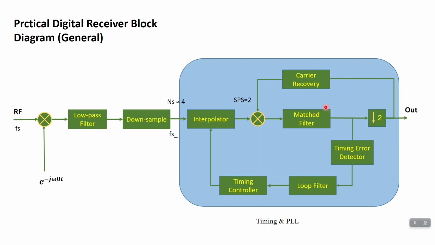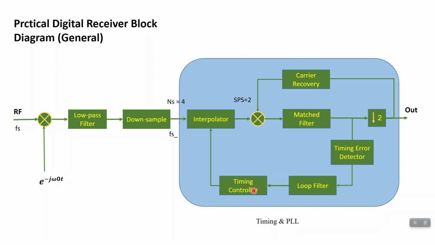After the DDS, apply the match filter, and then the output samples of the match filter are ready for use by the timing error detector. The estimated timing error is fed to the loop filter to be smoothed. Then the smoothed error value is provided to the timing controller.